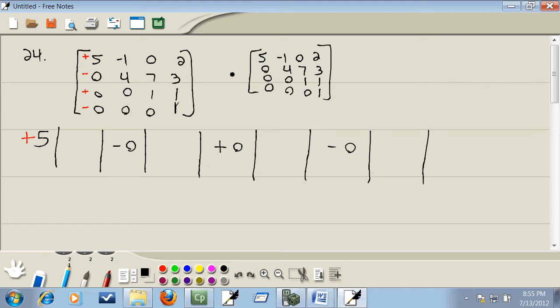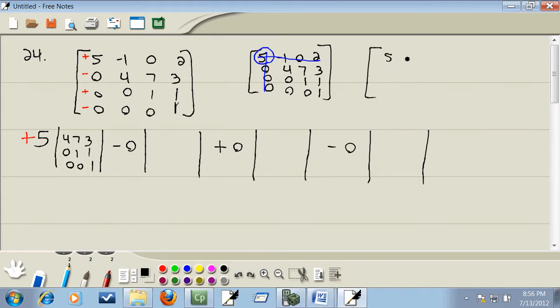Now for our first number here, the 5. Well, that's what I put right here. You cross out the row and column it's in, and what isn't crossed out is what goes in this determinant here. So I'm going to have 4, 7, 3, 0, 1, 1, 0, 0, 1.